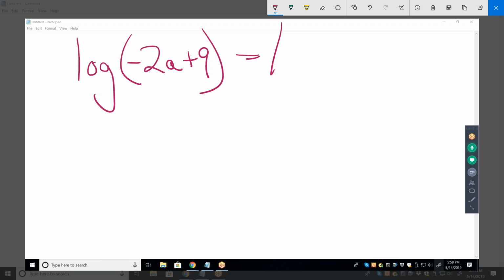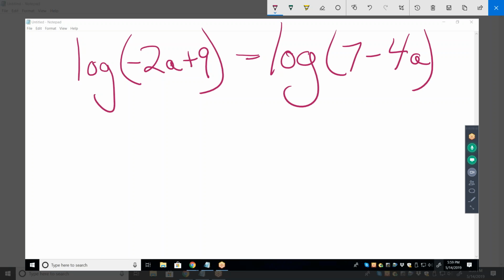Okay, so the last one we're going to do is log, and then in parentheses, negative 2a plus 9 equals log, and then in parentheses, 7 minus 4a. Can I say based on that? Well, you can divide both sides by log. That's not really what you're doing, as long as you know that.